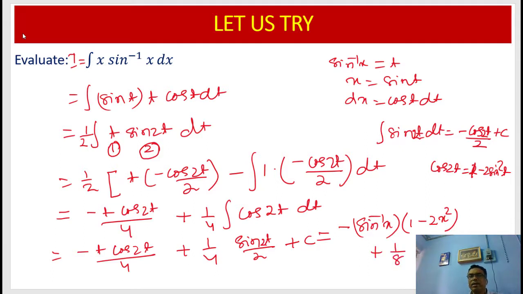What is sin 2t? It is 2 sin t cos t. Is it 2 sin t under root 1 minus sin square t? So I shall write it as 2, sin t is x, 1 minus sin square t under root, it is root 1 minus x square, plus c. My work is over.